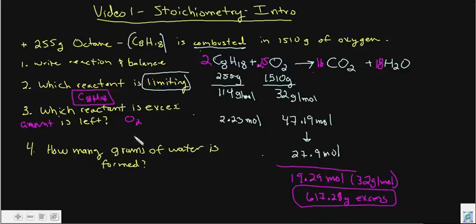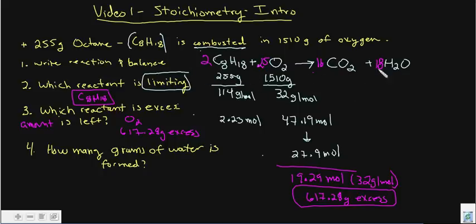All right, and so then the last question we have to work on is how many grams of water are formed? Well, all I got to do is look at my ratio. So my ratio here is 2 to 18, which is the same as saying 1 to 9, right? So 2 to 18 is 1 to 9. So what I know is that water is 9 times larger than octane. Now, why would I use octane?